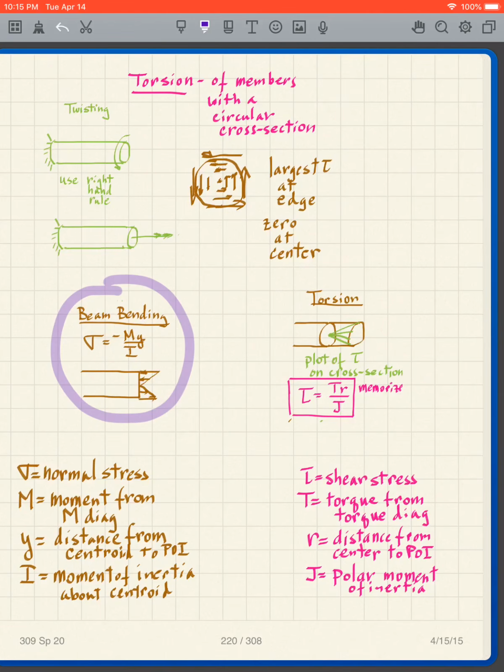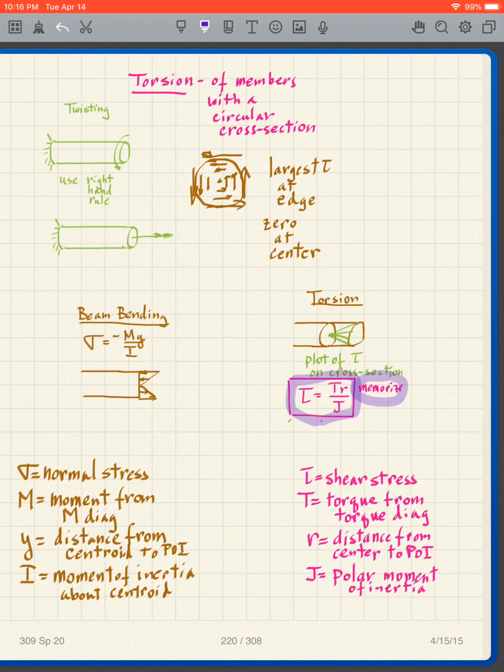The derivation for the tau is basically identical to the sigma, except the geometry is different. I'm not going to do the derivation, but because it's so similar, we end up with tau equal to T R over J.